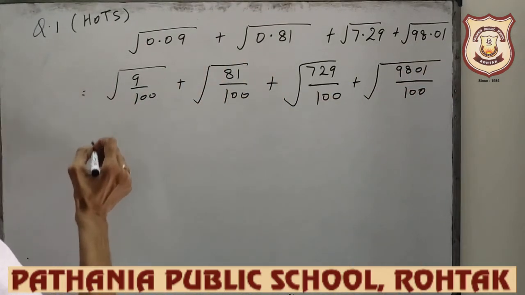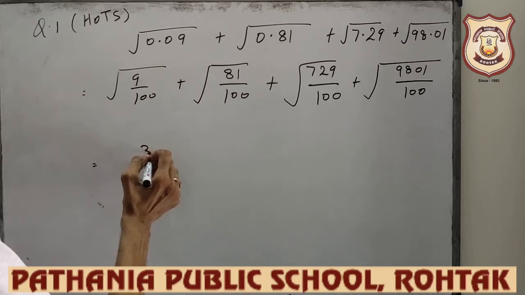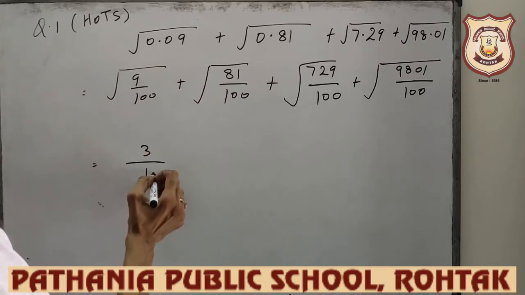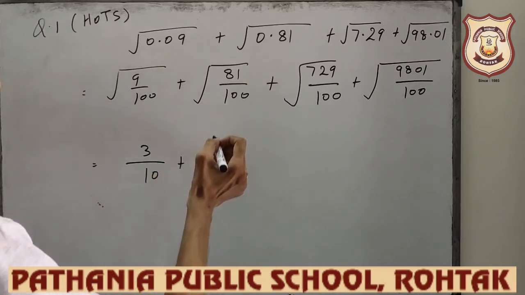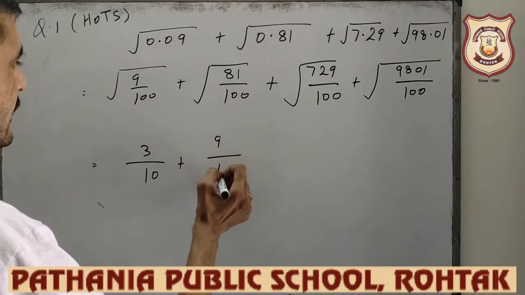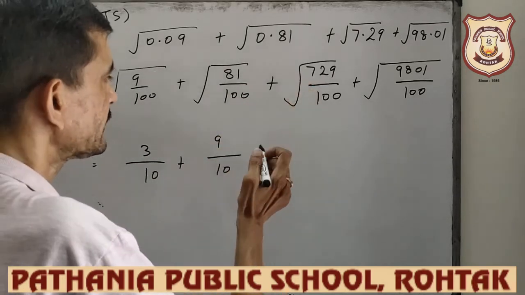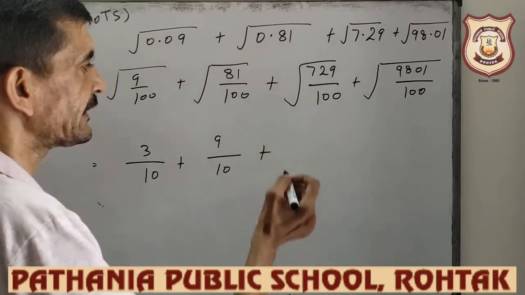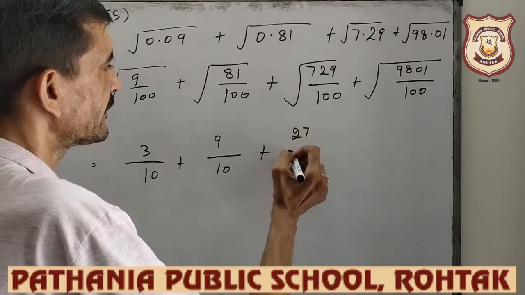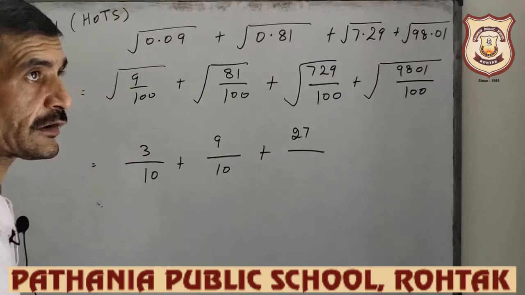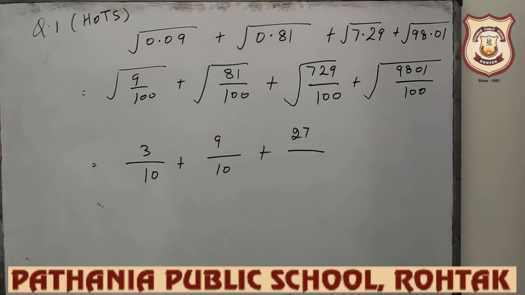Now we know square root of 9 is 3 and square root of 100 is 10. Square root of 81 is 9 and square root of 100 is 10. What is the square root of 729? 27. You should learn all these square roots up to at least 30, 40. Square root of 729 is 27.